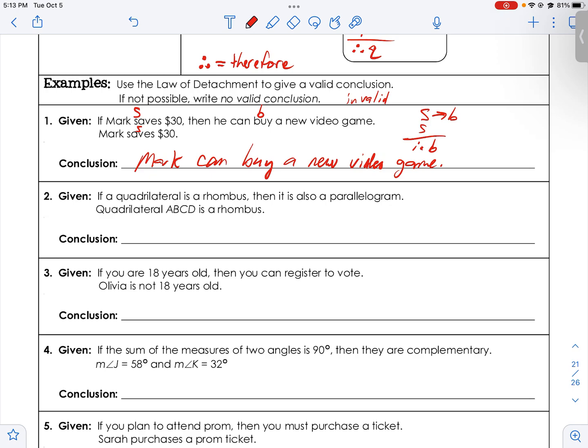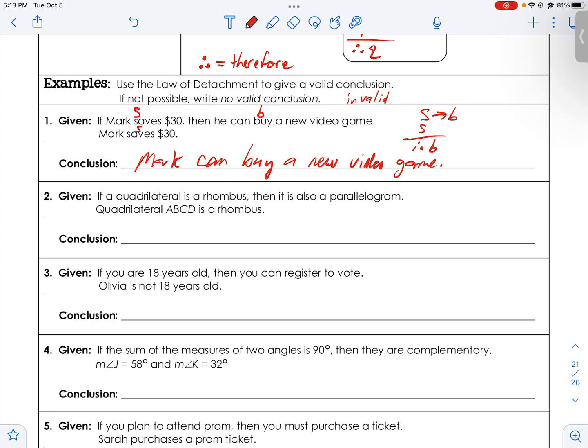Maybe he got $30 for his birthday. Maybe he found $30 on the ground. Anything could have given him the chance to buy a new video game. But if he saved, he definitely gets to do it.